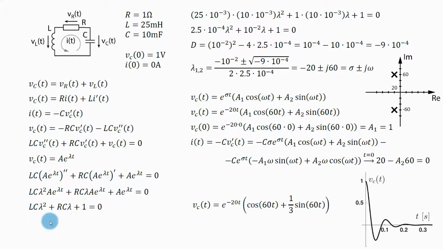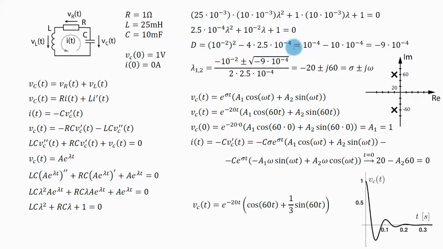Now I will substitute these values into this characteristic equation. That will give me this, which I can simplify into this. So this will be my characteristic equation for these values. To solve it, I need to find the discriminant, which is this.